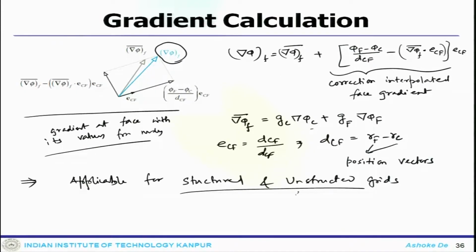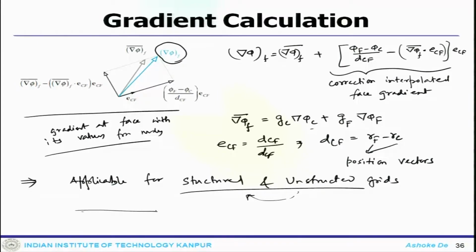So one can always come back, and the formulation used for the unstructured grid can always be used for the structured grid. But for unstructured grids, while the stencil used for the face gradient might not be the same, the gradient across a face will still be based on the nodes which are connecting the faces.